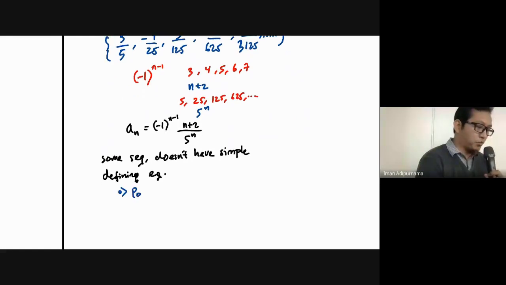For example, the population in one area or in the world.